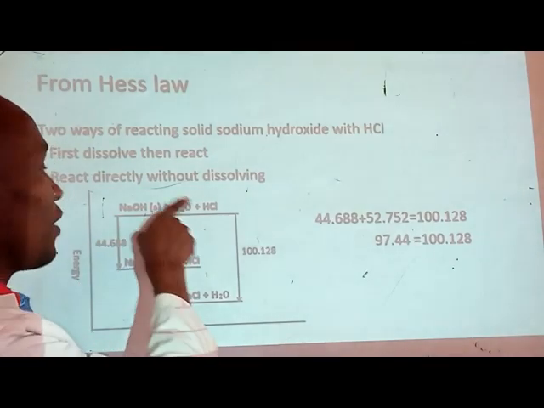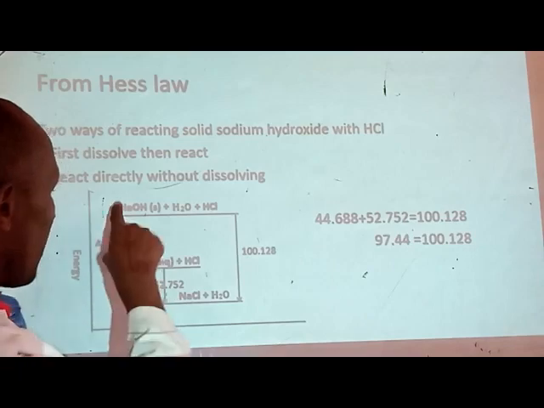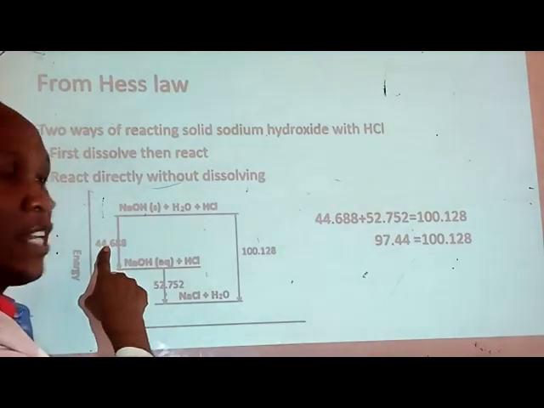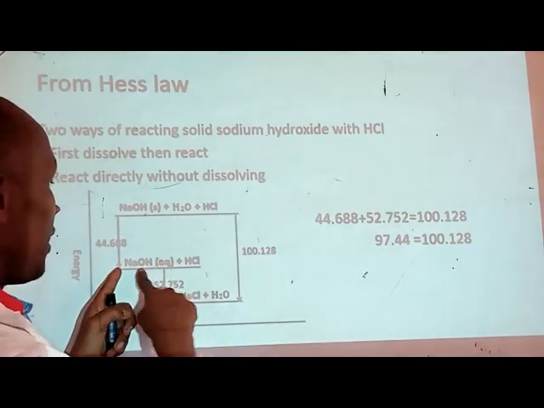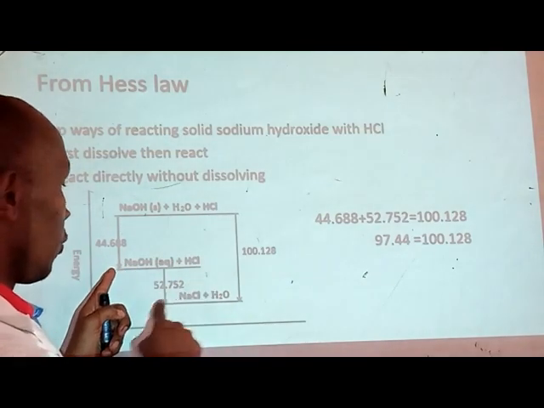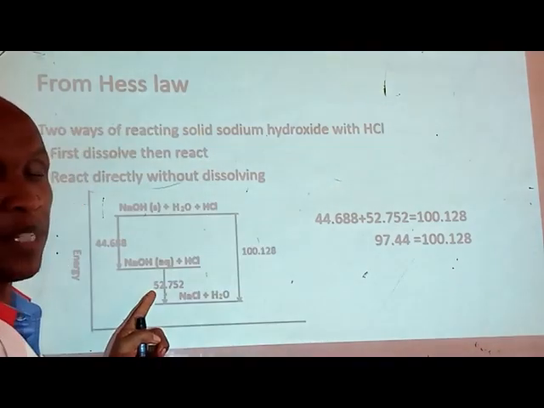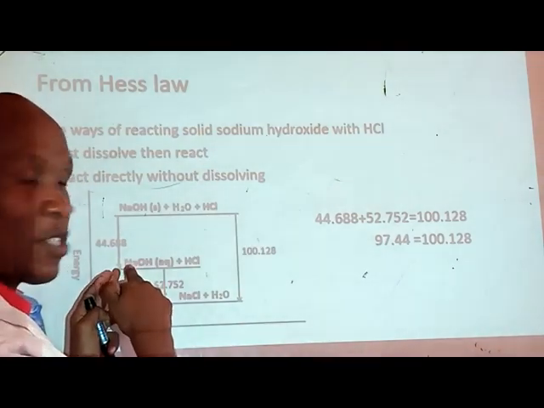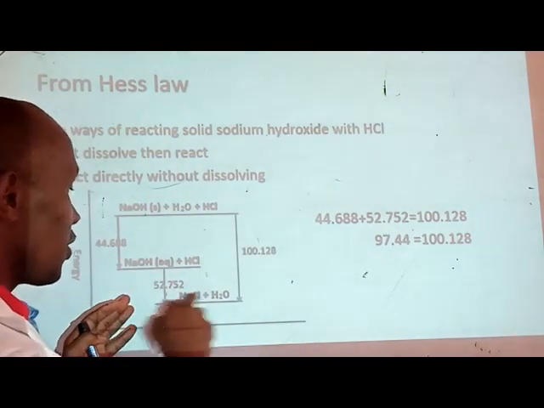The sodium hydroxide dissolved in water is the first reaction, which is 44.688, that is what I calculated. Then react the solution with the hydrochloric acid. That is the last reaction, the sodium hydroxide solution with hydrochloric acid.